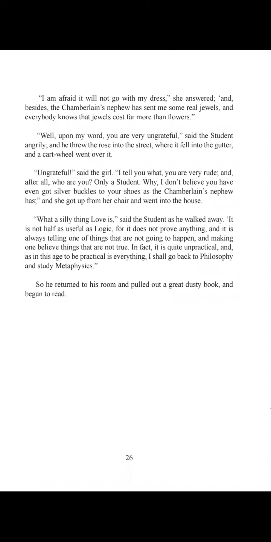He became crazy with those stupid feelings and started seeking the company of love. Unexpectedly, the girl refused him, and the boy had to suffer. What a silly thing love is, and he's going to study. So he returned to his room and pulled out a great dusty book and began to read. He forgot everything, very simply.